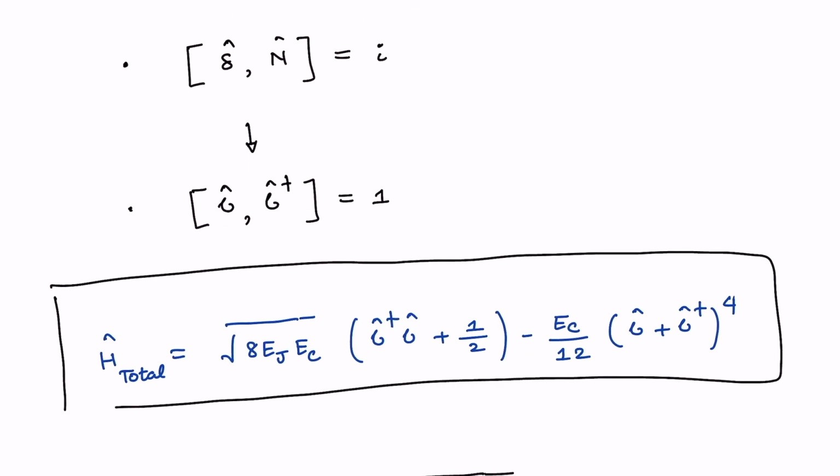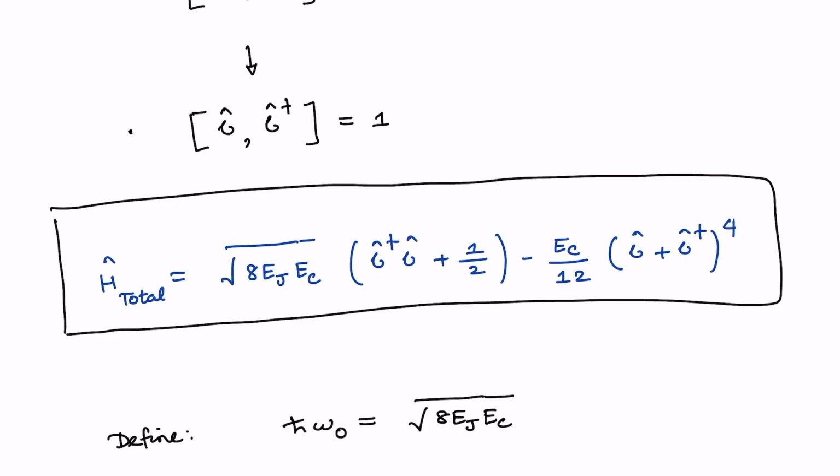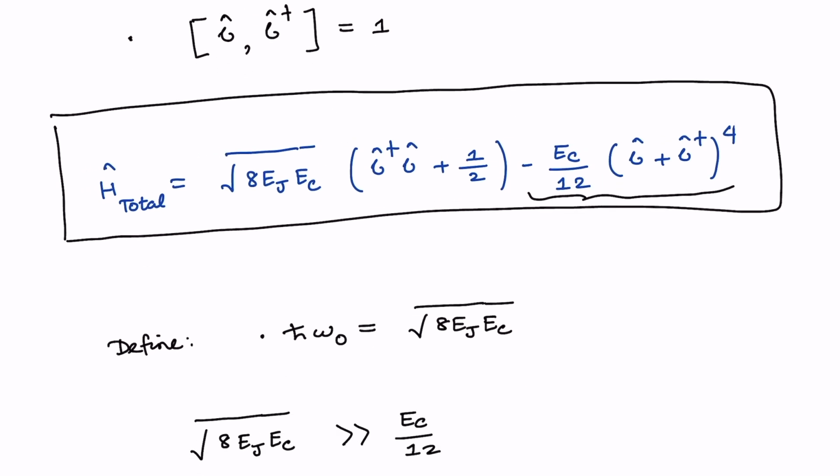In a very straightforward way you can get it, and written in this way, the transmon's resemblance to the harmonic oscillator with a small anharmonic deviation is very clear. You see, this is the small anharmonic deviation in the Hamiltonian. Now the resonance frequency of the harmonic oscillator we can define as h per omega 0.